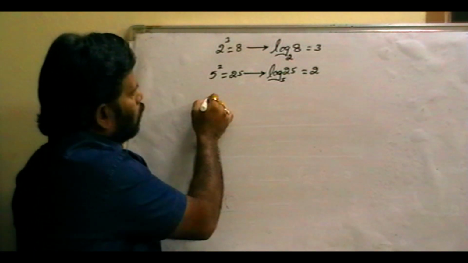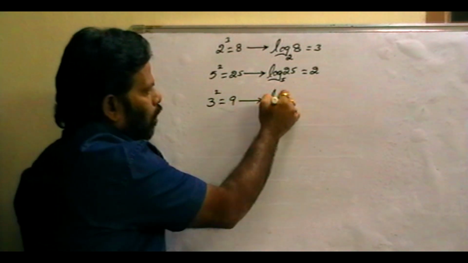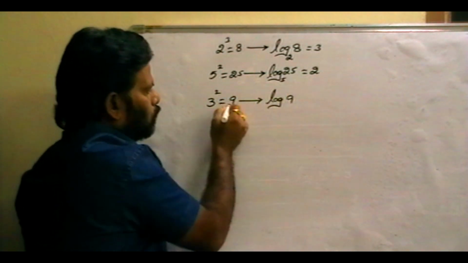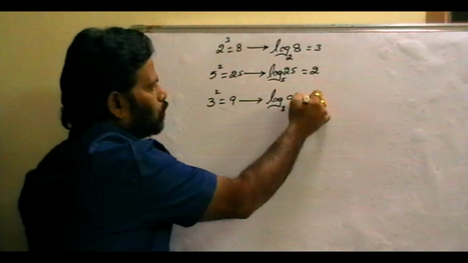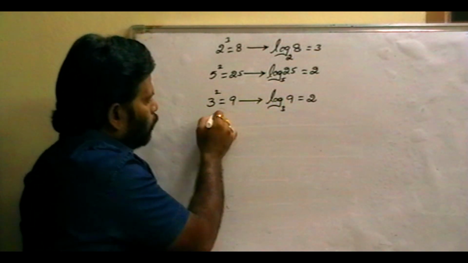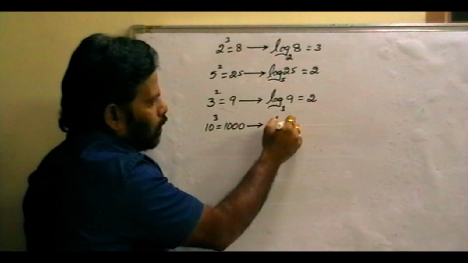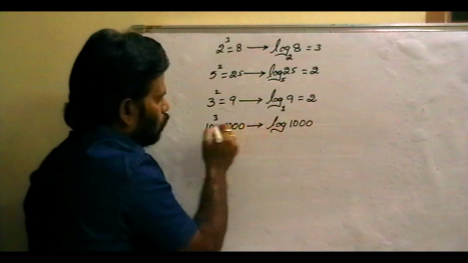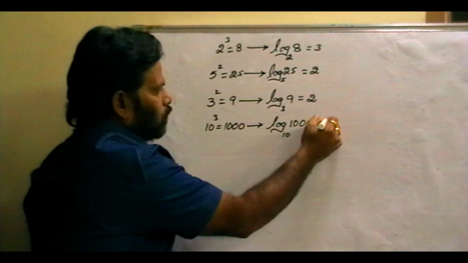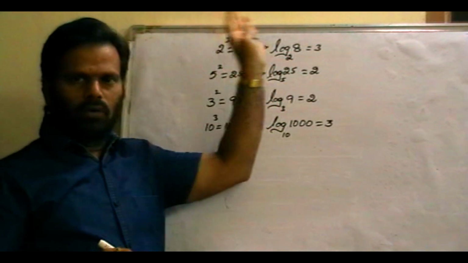Suppose 3 square is equal to 9. That means log 9 to the base 3 is equal to 2. Or 10 to the power of 3 is equal to 1000. That means log 1000 to the base 10 is equal to 3. These are the exponential form to logarithmic form.